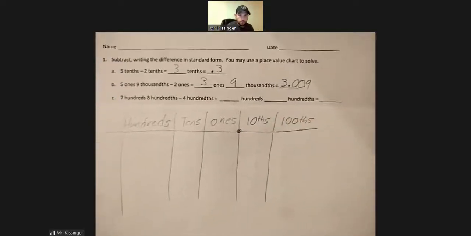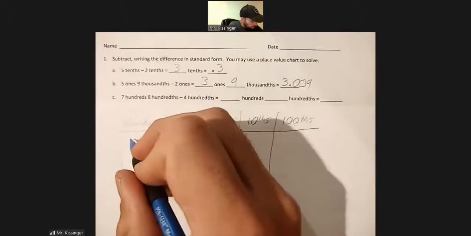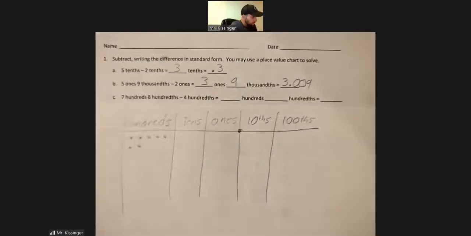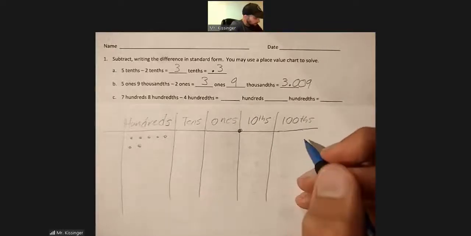And it says we have 7 hundredths: 1, 2, 3, 4, 5, 6, 7. And then we have 8 hundredths.